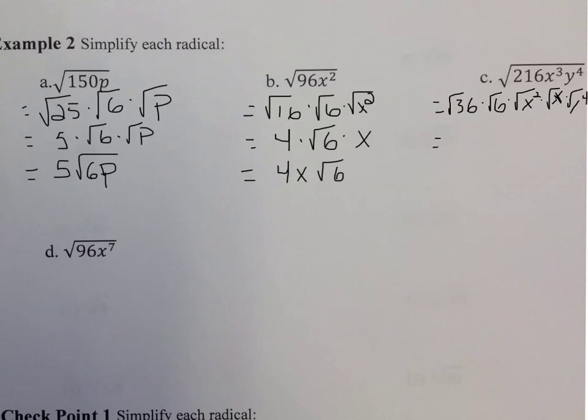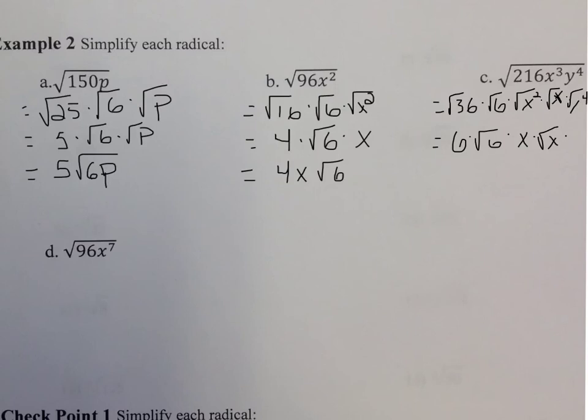Now we're going to rewrite it taking the square root of everything. Square root of 36 is 6. I can't take the square root of 6, so I got the square root of 6. I can take the square root of x squared, that's just x, so I got times x. Can't take the square root of just x, so I'll just have another square root of x. And the square root of y to the fourth is y squared.